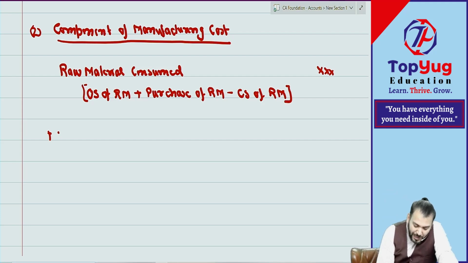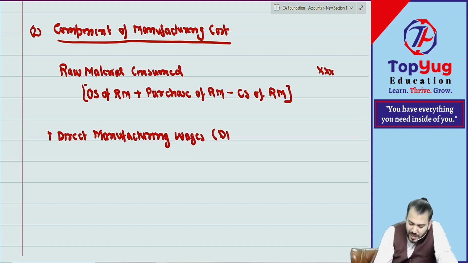Plus, in this we will add what? Direct manufacturing wages. This is nothing but direct labor. You remember direct labor cost now? There are two types of labor cost. So direct labor cost.